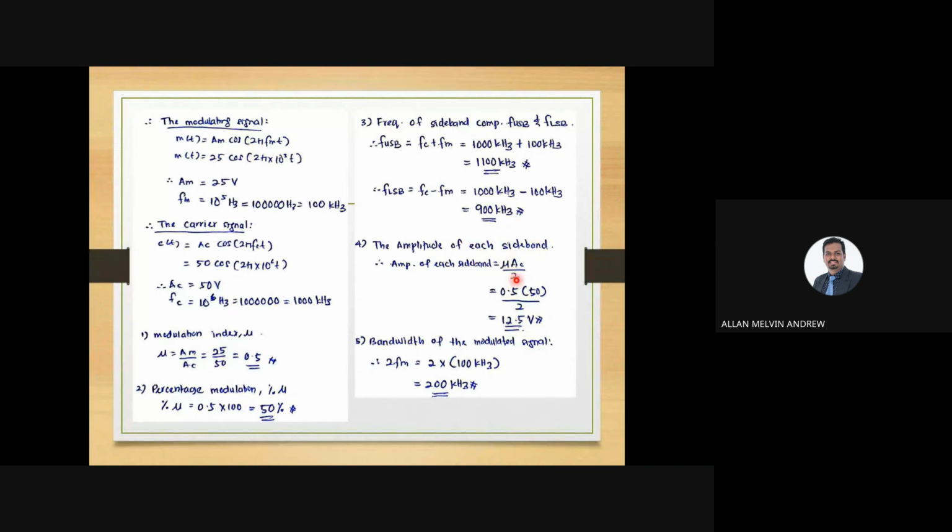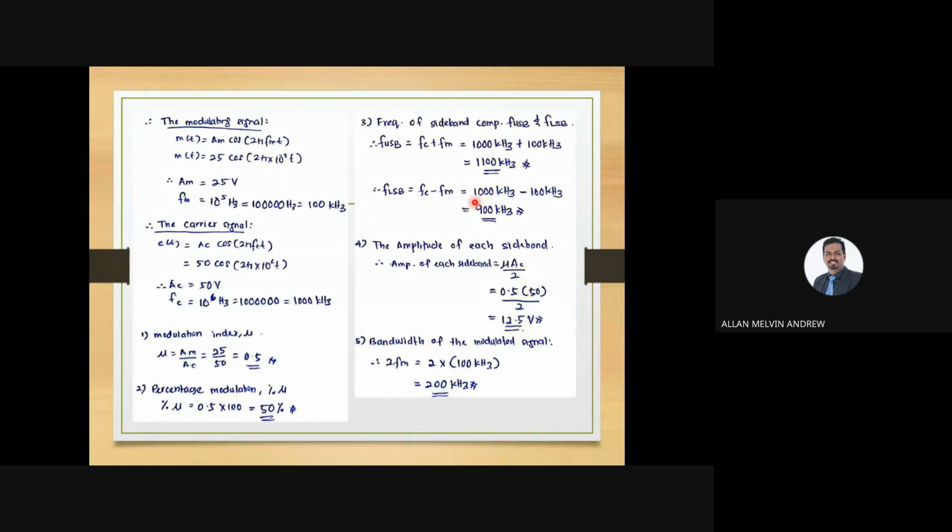Mu is 0.5, AC is 50, so 0.5 times 50 divided by 2. The amplitude of each sideband is 12.5 volt.